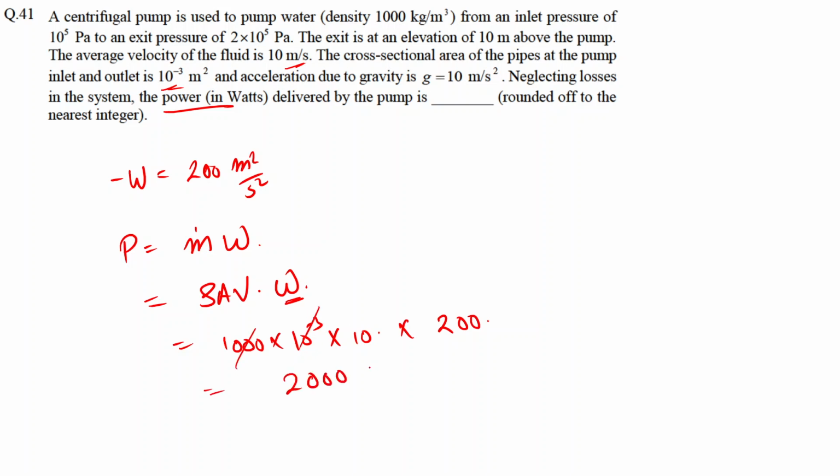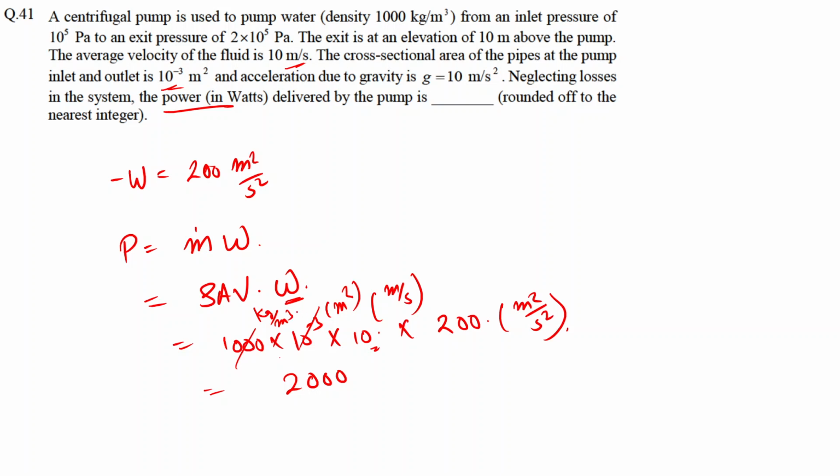So this we can write as 2000. So if we write the units over here, it was meter square per second square, then this velocity is in meter per second, 10 raised to minus 3 is again in meter square, and this is kg per meter cube.